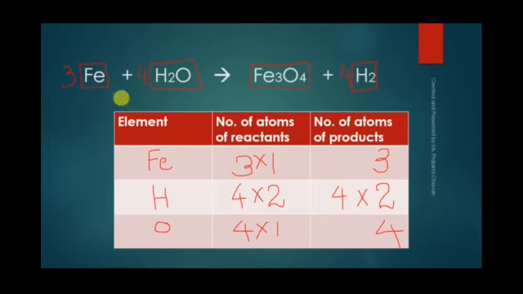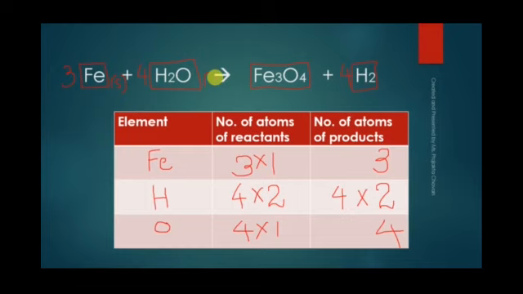Now our fifth and final step is to write down the physical states. So let us start. Fe, yes, it is a metal. Metals are generally solid in state. Fe, iron, is solid in state. So we represent solid with the help of small s. Very good. Here it is H2O.